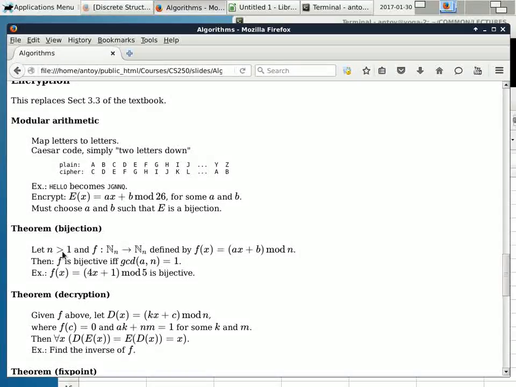If you can solve a small set, then you can solve the rest. But if you have to break this by brute force, you try all possible cases. How many possible cases are there?